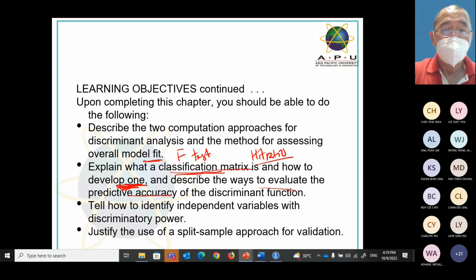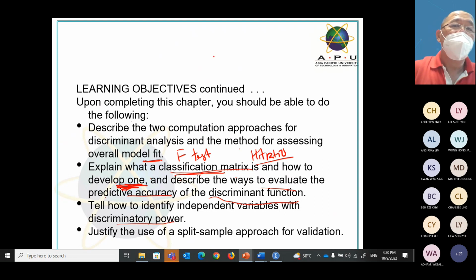We are here. Of course, you will see this also, to find the discriminant function. So, tell how to identify independent variables with discriminatory power.